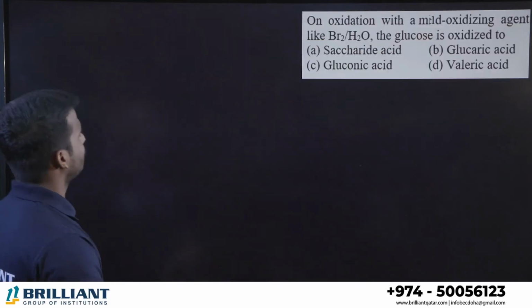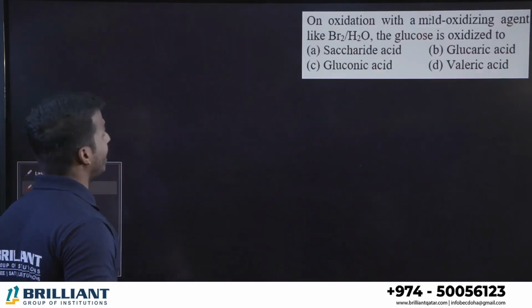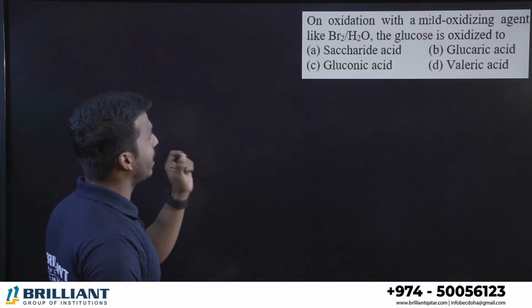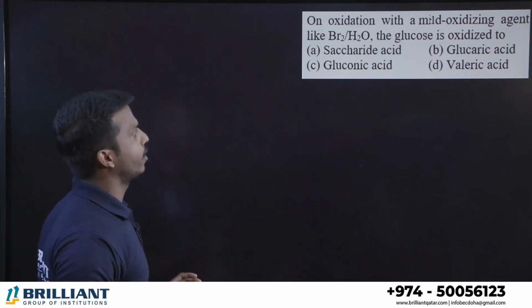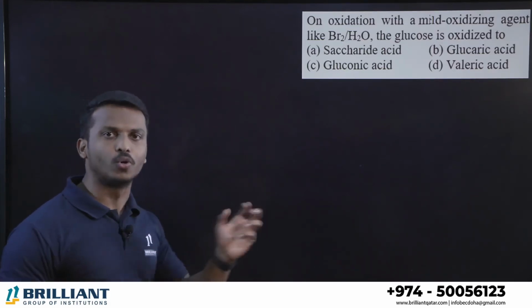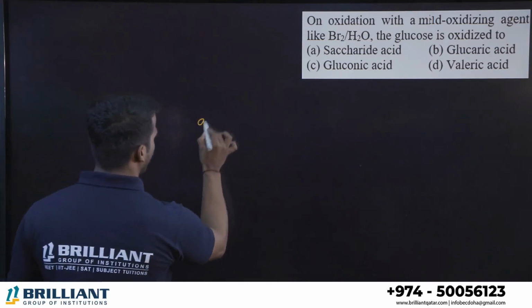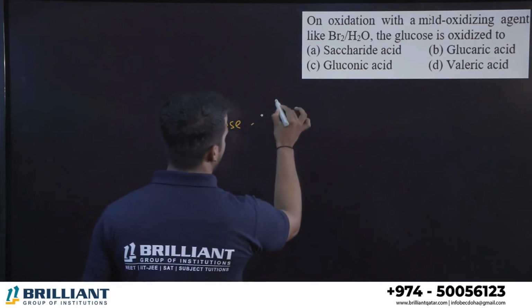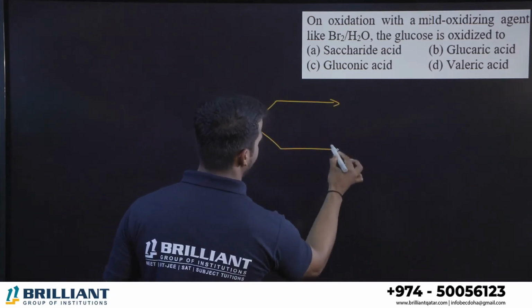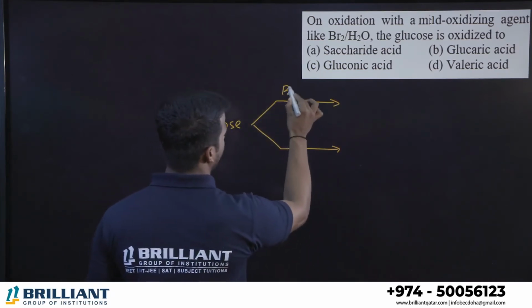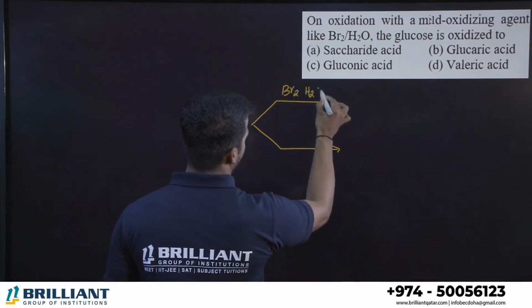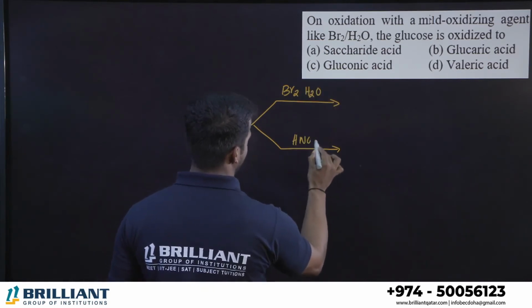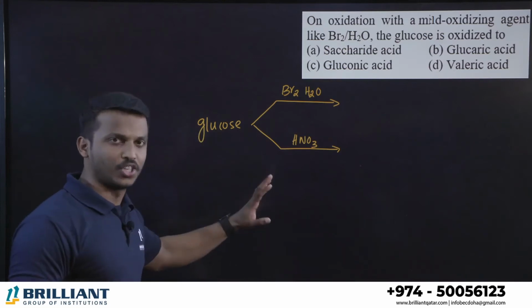Alright. Then, on oxidation with a mild oxidizing agent like bromine water, glucose is oxidized to. You may study glucose. Glucose on oxidation, 2 oxidations you may study. One is with bromine water, the other one is with nitric acid. Both are oxidation.